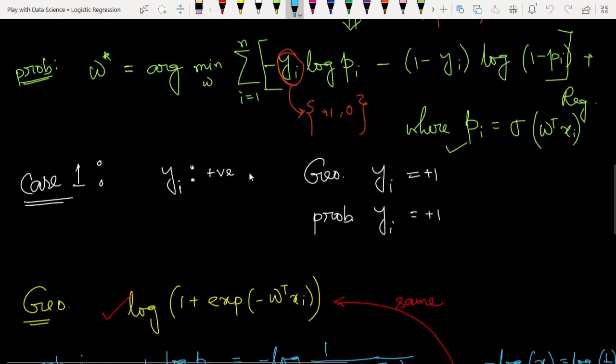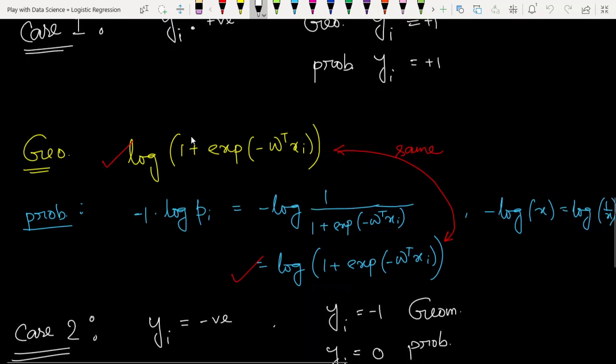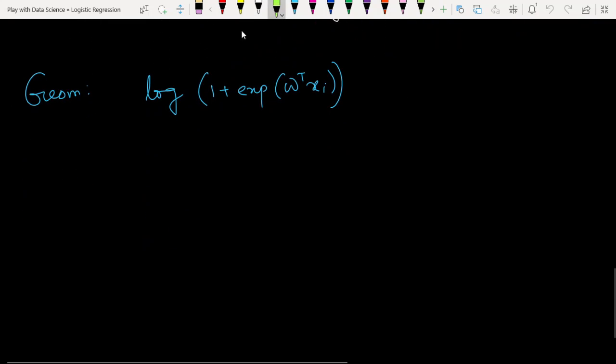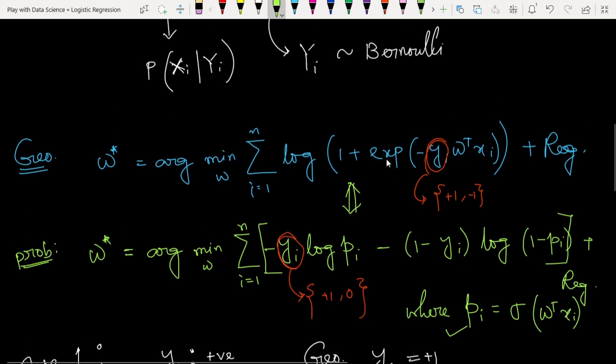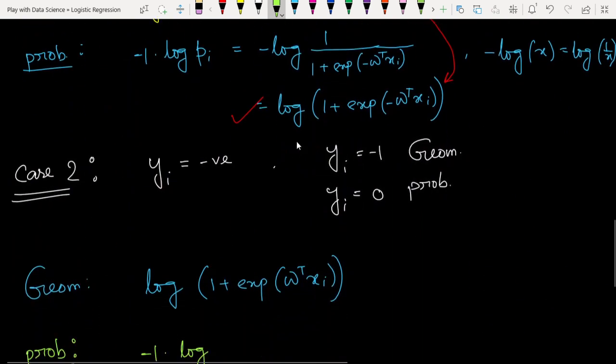So just write this equation. Probabilistically, -1 into log of, where yi here is equal to 0, that is -1 log of 1 minus pi. Log of 1 minus pi.